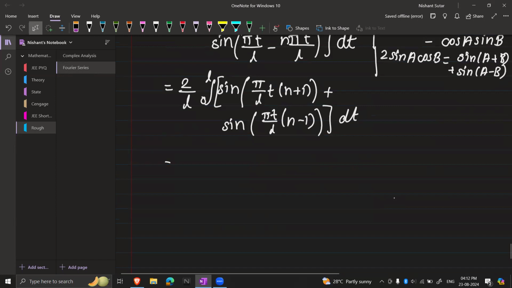To integrate, the integration of sine is minus cos, so I will put that minus sign outside.